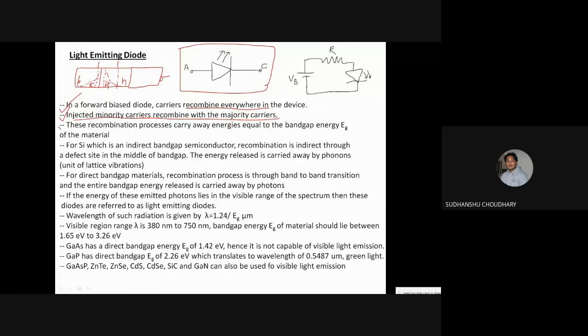Now we have also studied that whenever the recombination process happens, it carries away energy equal to the band gap energy of the material. Remember what recombination is. Recombination means that an electron in the conduction band loses its energy and falls into a hole in the valence band.